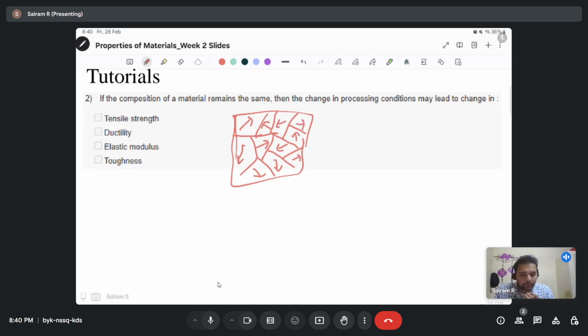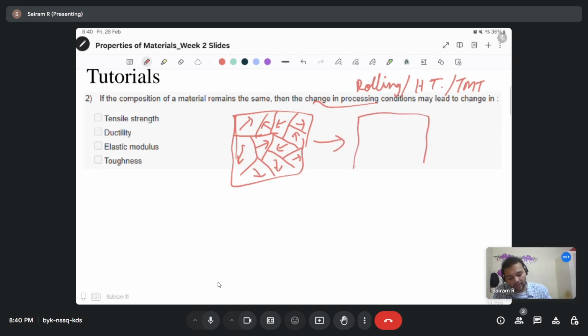When we undergo a change in processing by, let's say, rolling or forging or heat treatment, or whatever may be the thermomechanical treatment, this could start to have a relative orientation of sorts, where most of the grains start to orient towards similar directions, even if not drastically different.